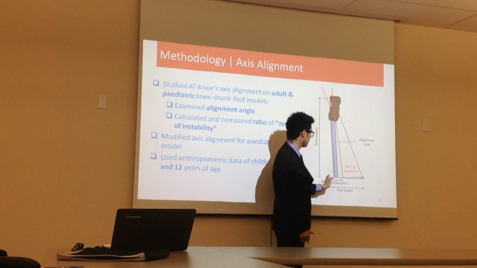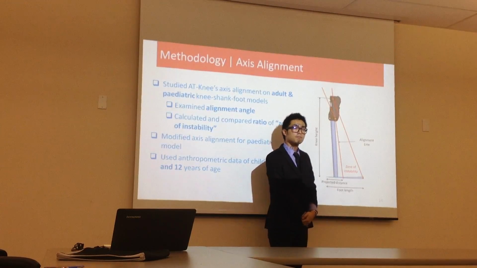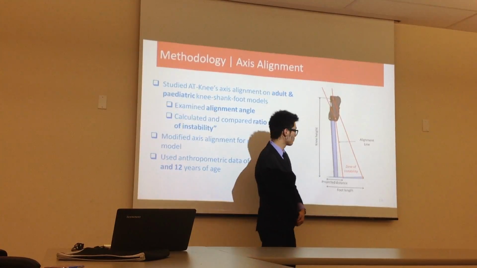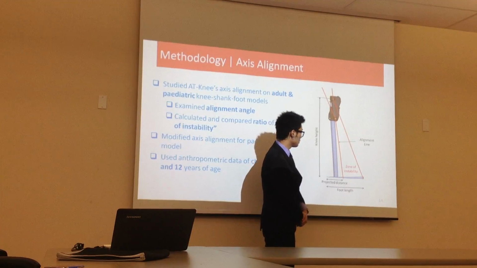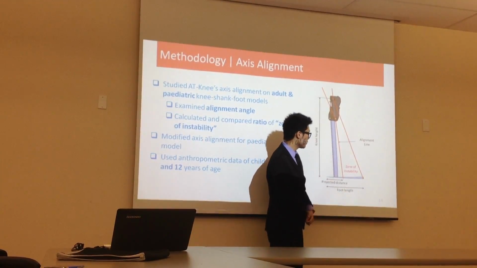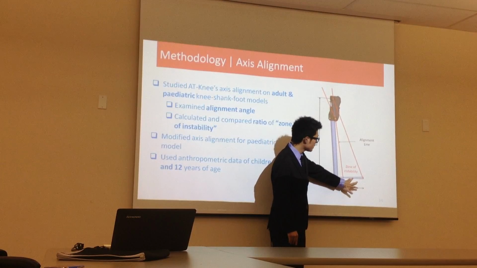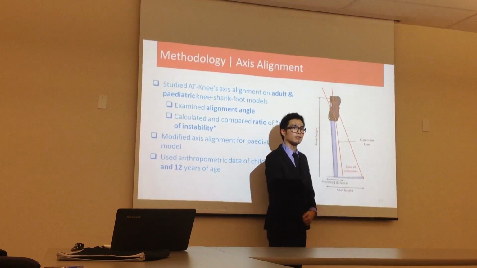Yes. But is that always happening, that the end point of the vector, which is the center of pressure, is within that zone of instability? Yeah, you could compare the zone, and if the center of pressure is somewhere straight here, it also will happen.